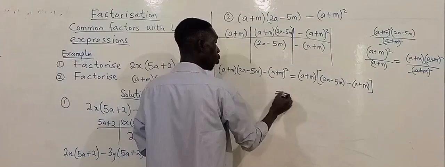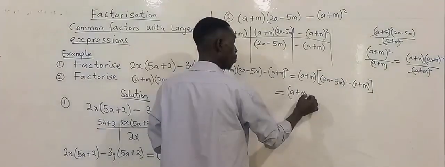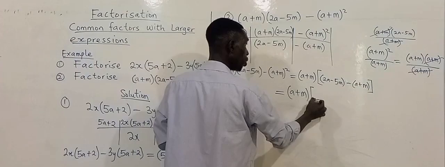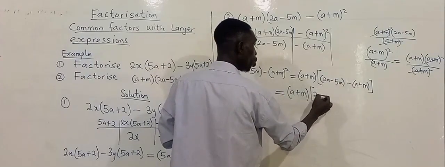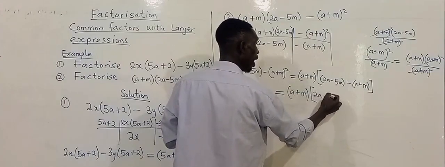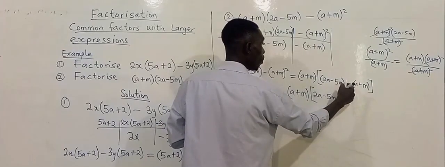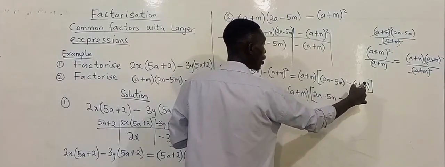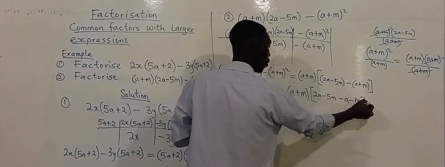By saying this is equal to a plus m into, we open up this bracket, so we have 2a minus 5m, minus, open up this, we have minus 1 times a is minus a, and minus 1 times plus m is minus m.